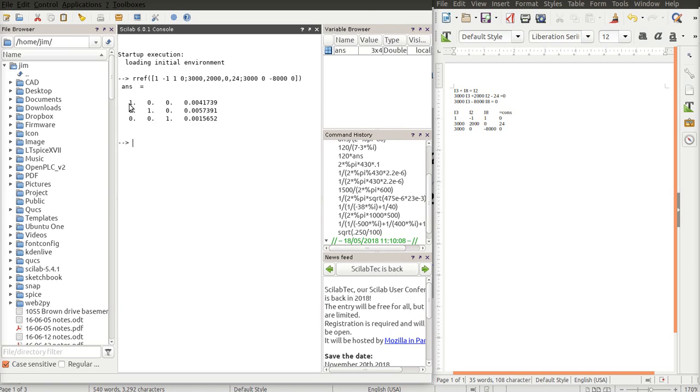And what you see is that it reduces it. And my one I3 is equal to this number. I2 and I8 are zeros. 1 I2 is equal to this number, and 1 I8 is equal to this number. So basically, with Scilab, I can solve it real quick. I3 equals 4.2 milli.